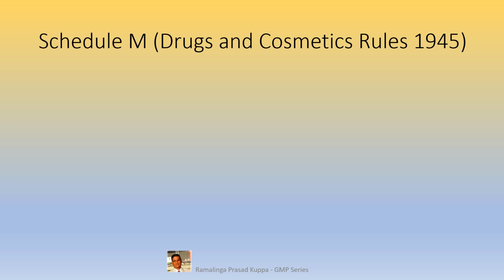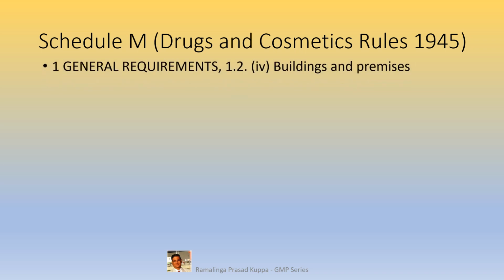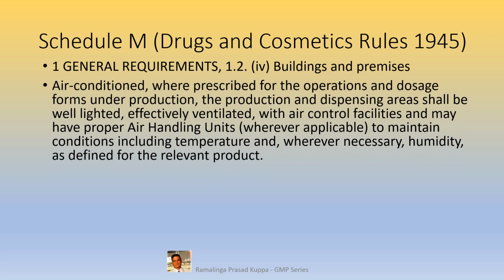Let us see the prescription under Schedule M of Drugs and Cosmetics Rules. Under Section 1, the general requirement, the subsection 1.24, Buildings and Premises, prescribes air conditioned where prescribed for the operations and dosage forms under production.